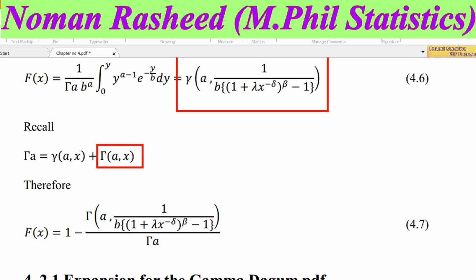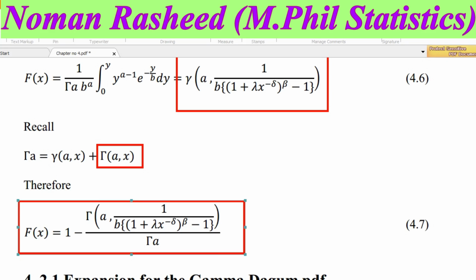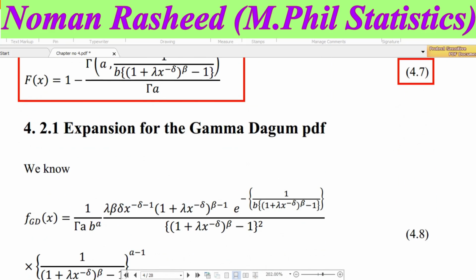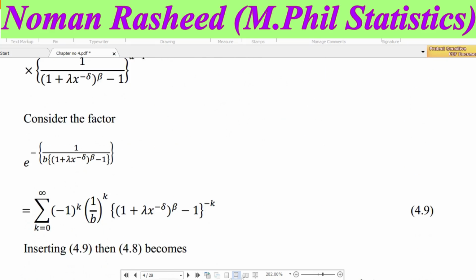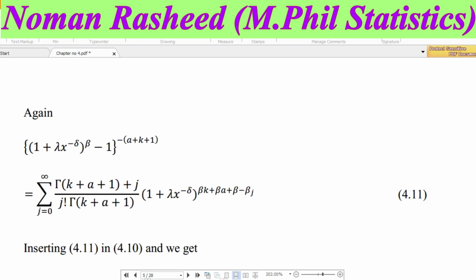So 1 minus gamma, this is the PDF, has a cumulative distribution function of the gamma Dagum distribution, and we denote this function with the help of equation 4.7. So expansion of the gamma distribution, summation, and then further equations.